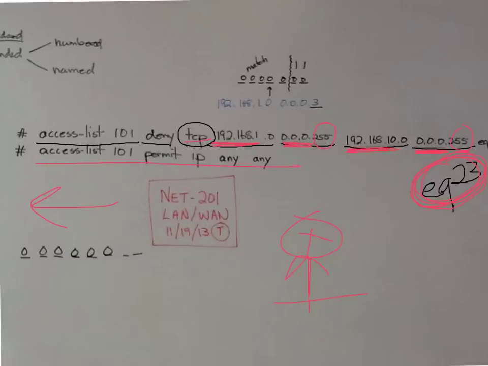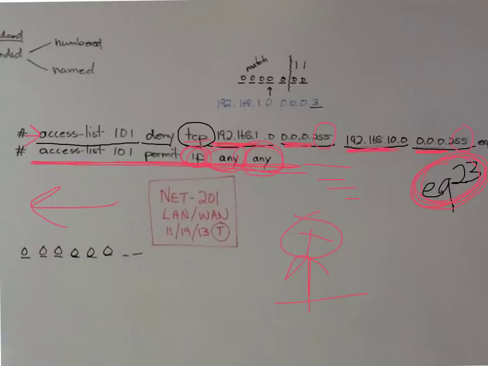Very important, if the traffic isn't telnet traffic, so it isn't getting dropped, this statement is not true up here, then we have to have this statement because of the implicit deny. So we have to allow all IP traffic moving anywhere. Or, I mean, you could have other statements if you have more controlling things you need to do.